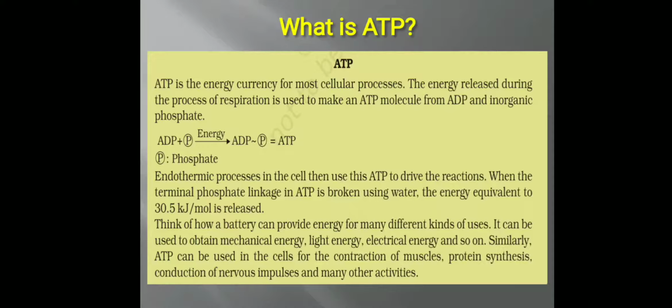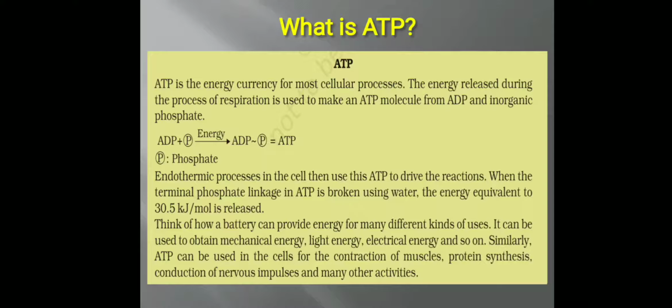When the terminal phosphate linkage in ATP is broken using water, energy equivalent to 30.5 kilojoule per mole is released. Now, in the NCERT, there is a sentence written, a fixed amount of energy is produced, right? So that fixed amount is written here as 30.5 kilojoule per mole. Connection with NCERT is important for you to keep your concepts very clear.